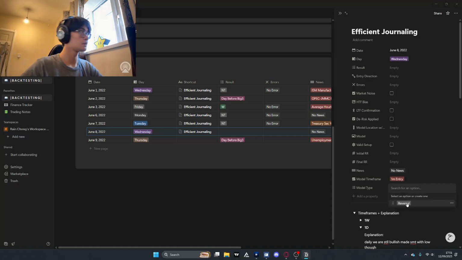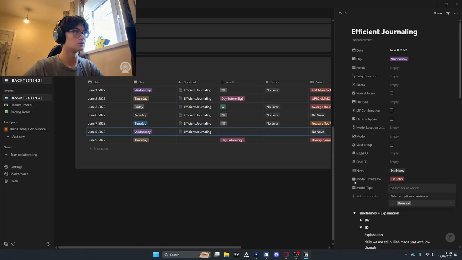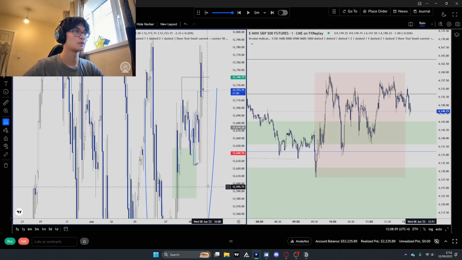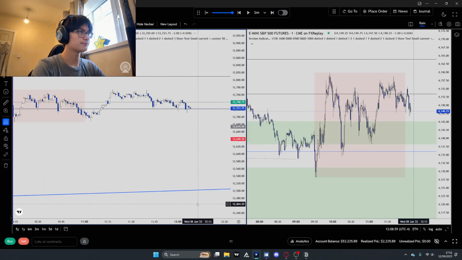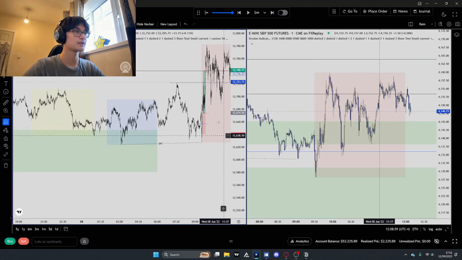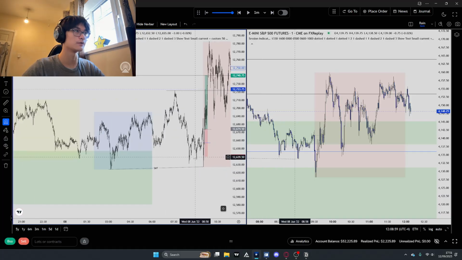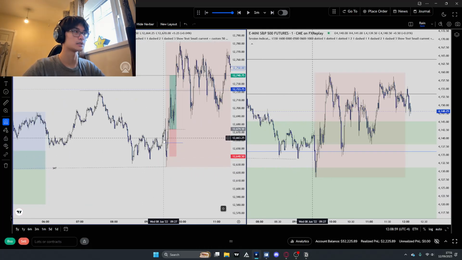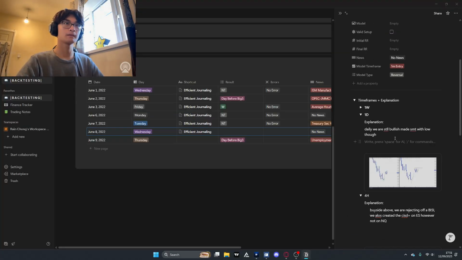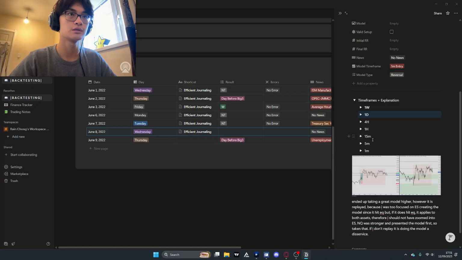Model type was also a reversal, surprisingly. I think, right? Yeah, it's a reversal model because we're going into this buy side. Yeah, high time frame would be considered continuation, but obviously, look at this. This is literally a reversal, right? So clearly we are still bullish.